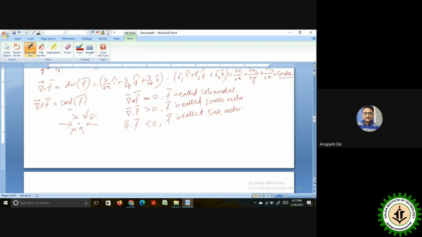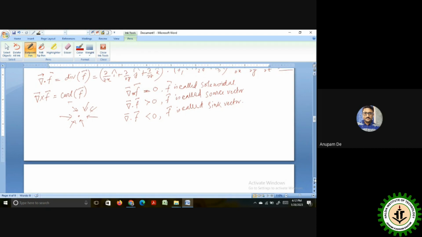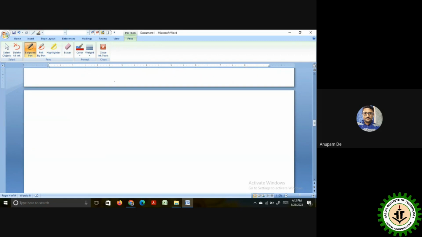Let me take a quick example. Determine the constant m such that the vector v equal to x plus thrice y i plus y minus twice z j plus x plus mz k is solenoidal.